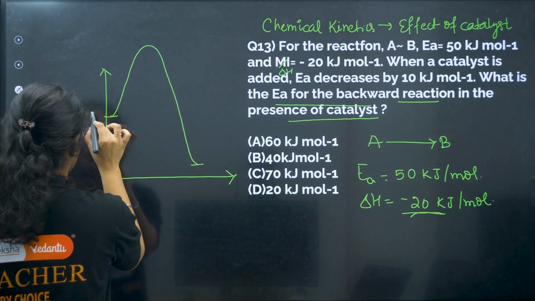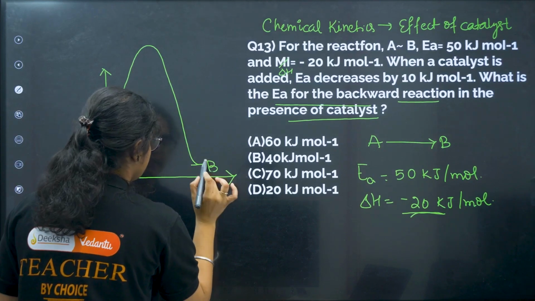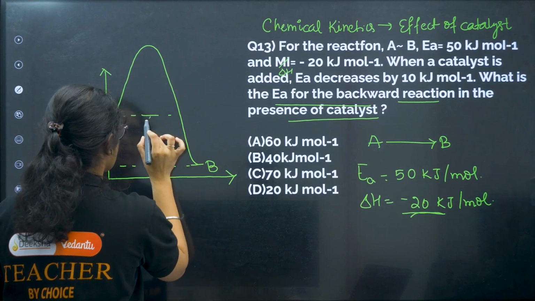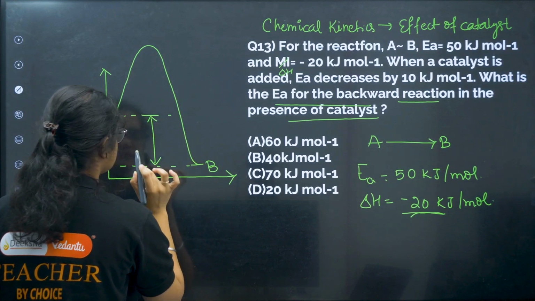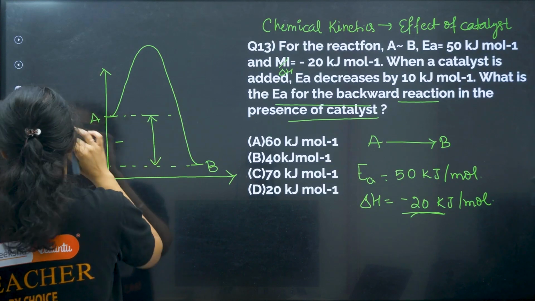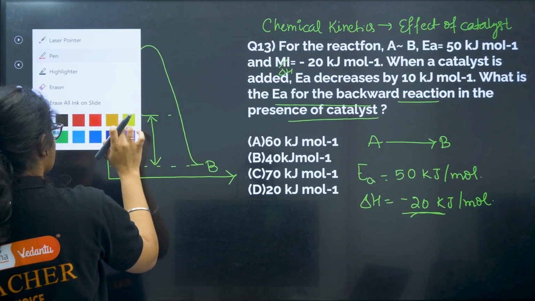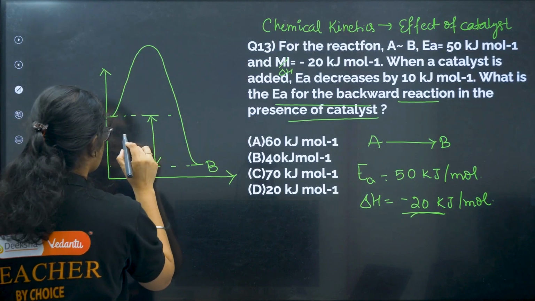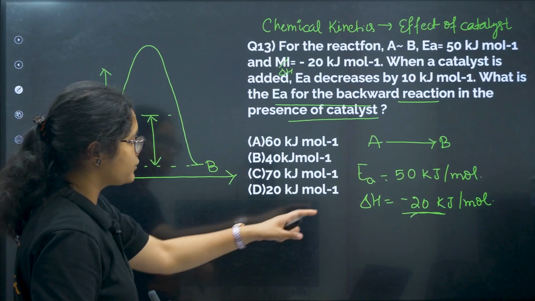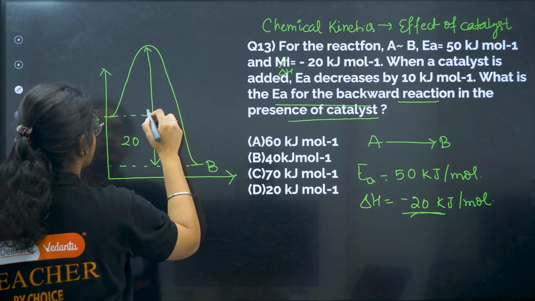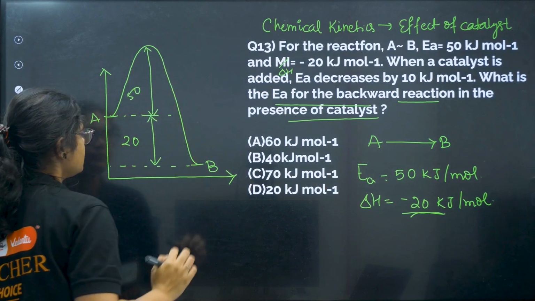So this is A and this is B. Here you can see this gap, this value is given to you as 20 kilojoules. We need not put the minus here because minus shows that it is an exothermic reaction. Now it is showing that the activation energy for this reaction is 50 kilojoule per mole.